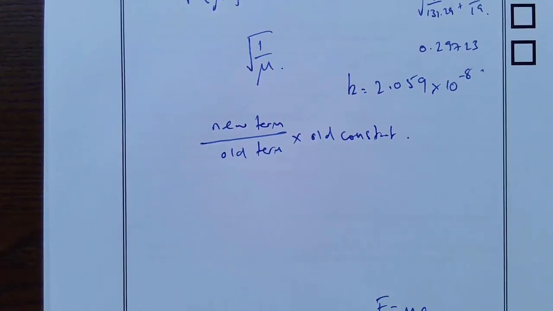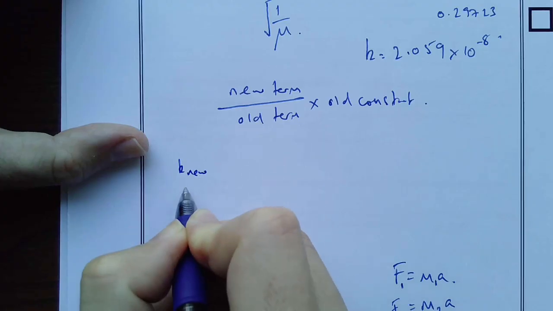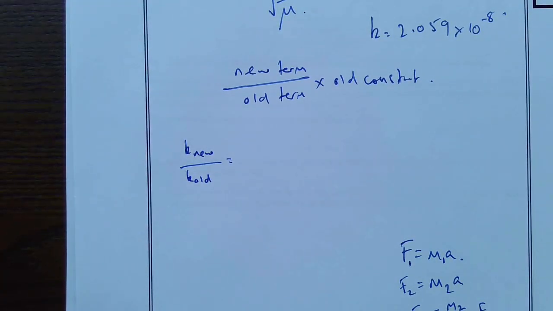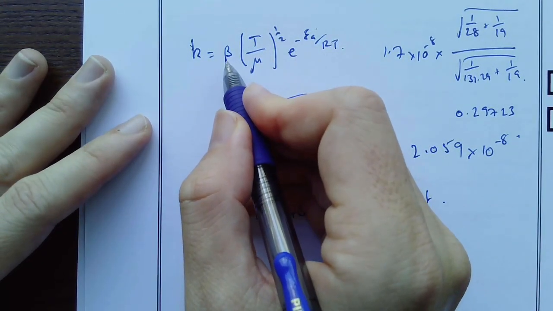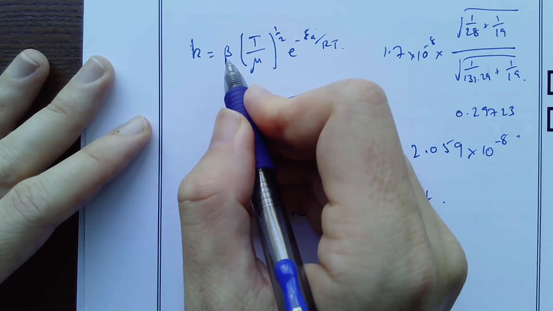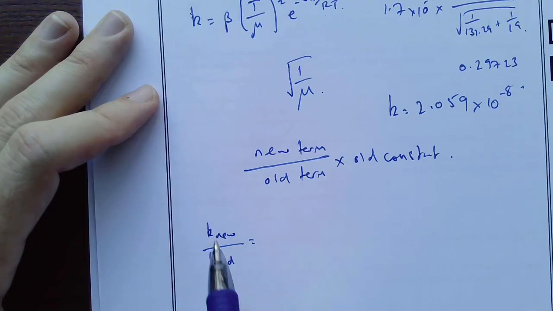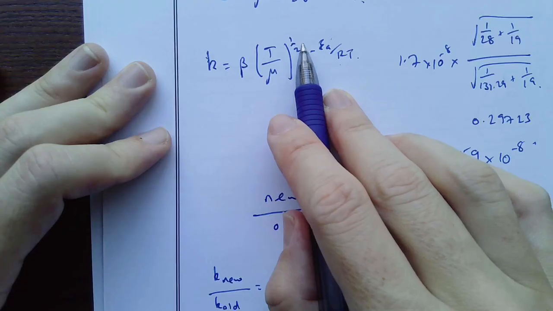If you wanted to do it algebraically, could you say k new divided by k old? I haven't tested this. Beta is going to stay the same. So if I divide them, the beta divides, the T to the power of a half divides to give 1.